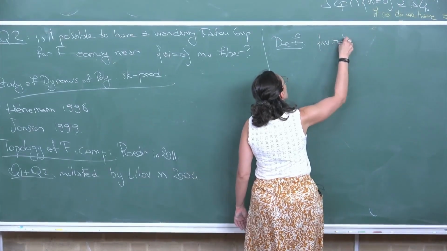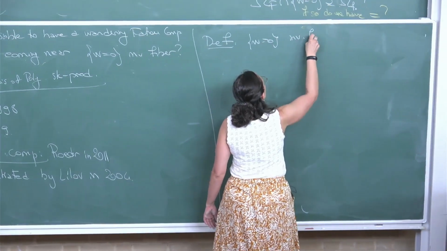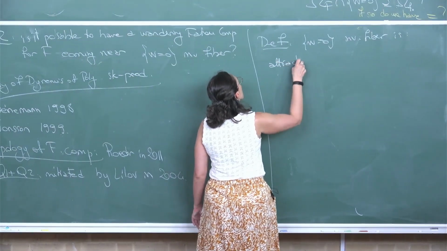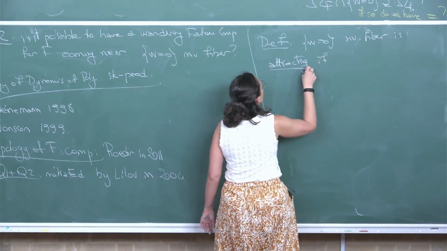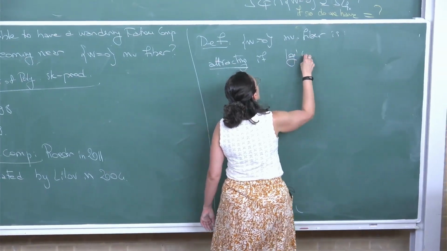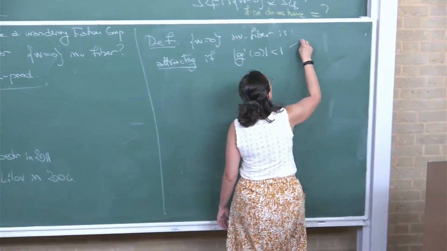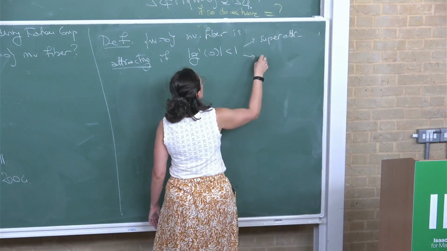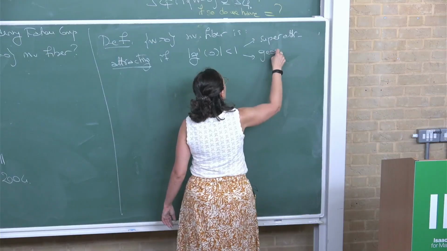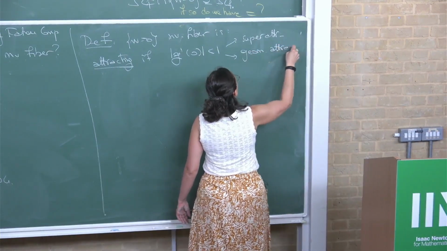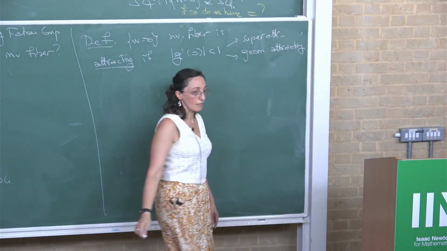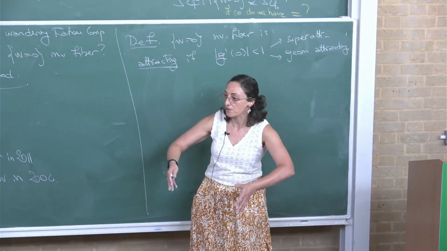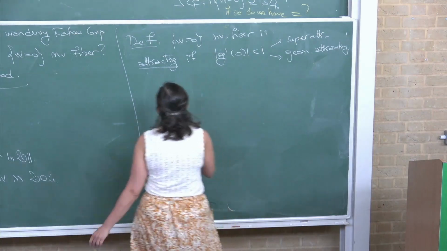So W invariant fiber is attracting if the modulus of G prime at 0 is less than 1, and it could be superattracting or simply attracting. Well, let's say geometrically attracting. All right? The difference in here, as we all know, is how fast you go towards 0. Or it could be neutral.